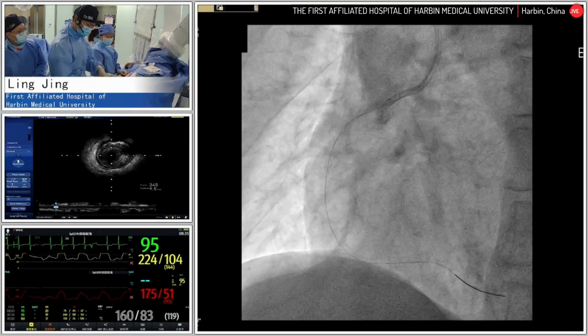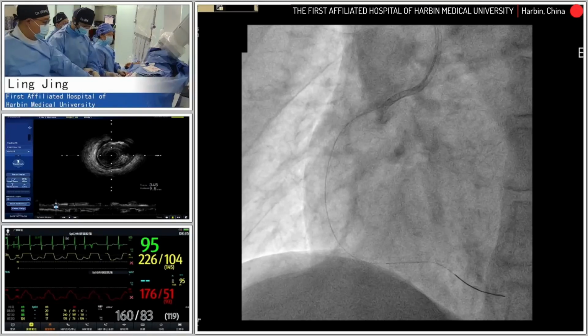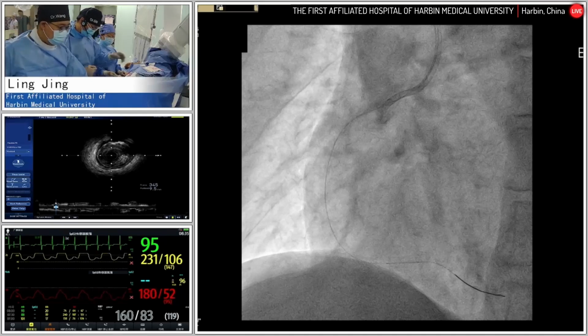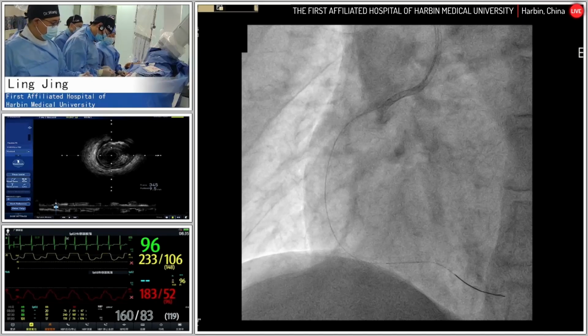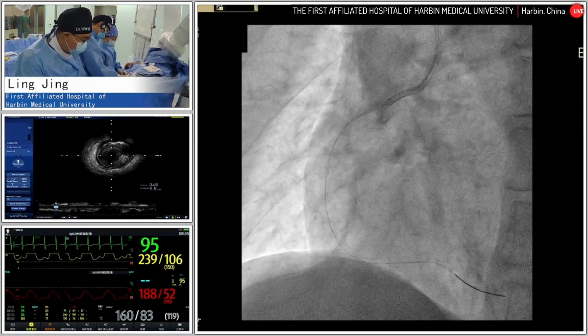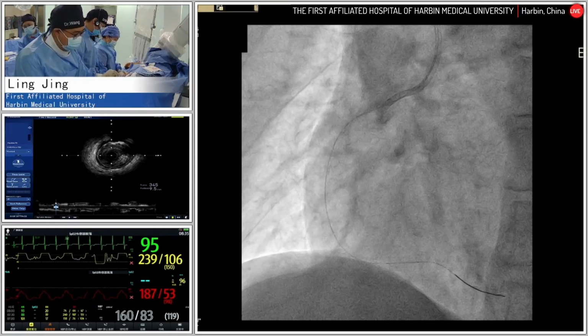I noticed that Professor Jing has finished the plaque modification using a 2.5 balloon. So next, we are going to use a new 2.5 balloon. We are going to make the second round of plaque modification because we noticed some calcium and a very long diffuse plaque burden.